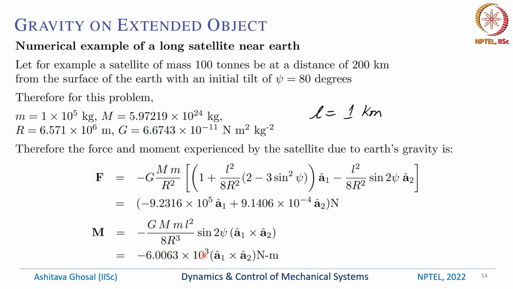And moreover, there is also a small moment, okay, and I don't know whether it is small or large, but there is a moment which is minus 6.0063 into 10 to the power 3. So if you have a long satellite which is rotating about this earth, you will have a gravitational force, the normal gravitational force pulling it towards the center, but there is also a force which is perpendicular to the satellite and also a torque.